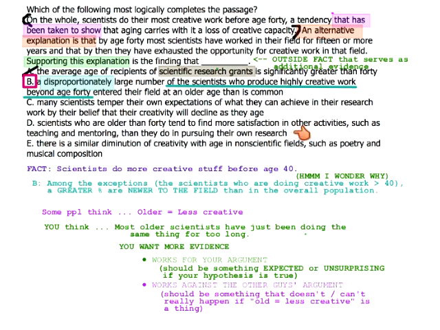This says the scientists who are older than 40 tend to be more satisfied by doing things like teaching and mentoring. So this might explain it if it was something like they don't do as much research or they don't put their heart into it quite as much. But notice that this would go against both of our arguments.